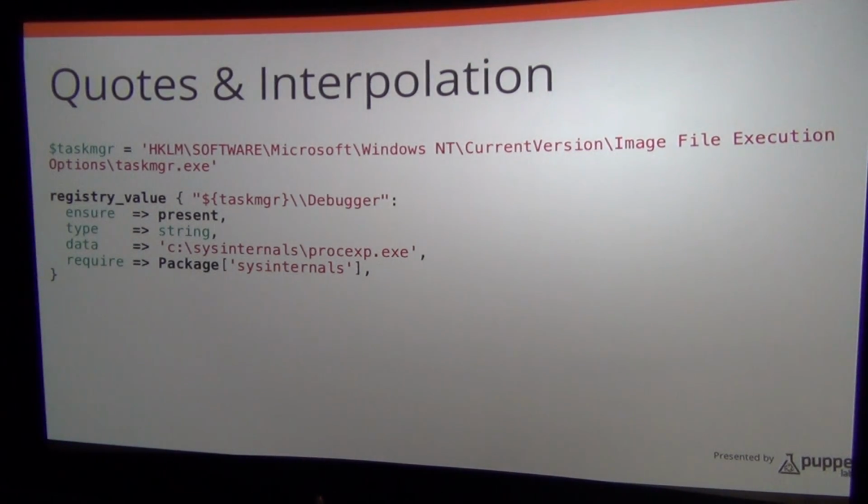You have to use backslashes as a separator character. The / can actually be part of the registry key name, which is really awesome. We've assigned this value to the task manager variable, and then you want to use that variable to construct other paths. The way you do that is you interpolate that value by putting it in a double quoted string. As soon as you double quote, you need to use double backslashes, right? Good times.